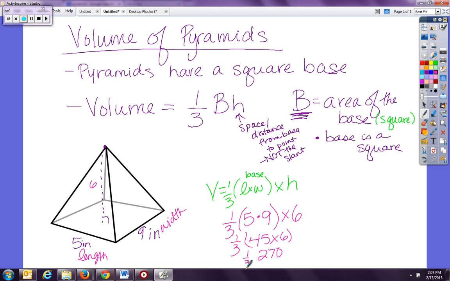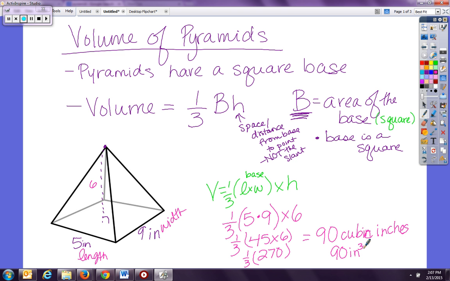And 1/3 times that, or divide that by 3, and you get 90 cubic inches, or 90 inches cubed.